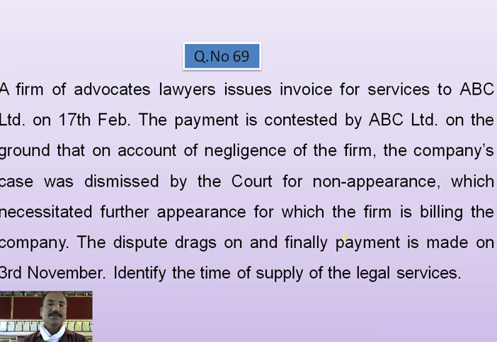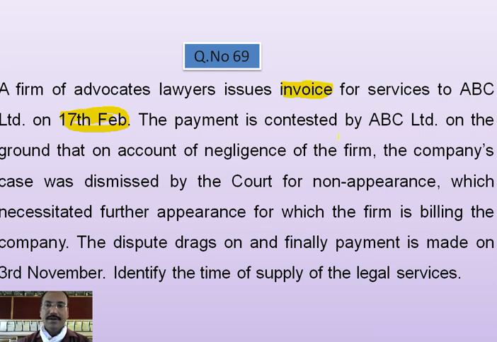Then 69th question. A firm of advocates, a lawyer, issues invoice for services to ABC Limited. The invoice date of issue is which one? This was the issue of invoice date. Issue of invoice, that is the date of invoice. So we need the date of issue of invoice.